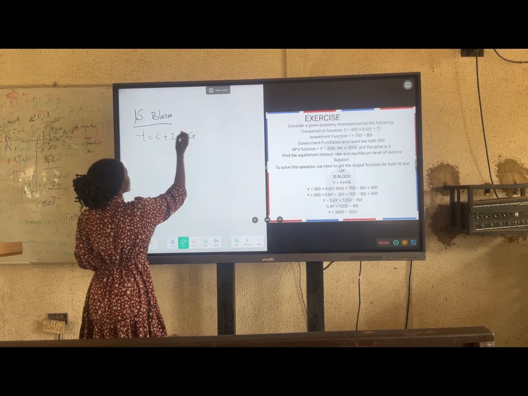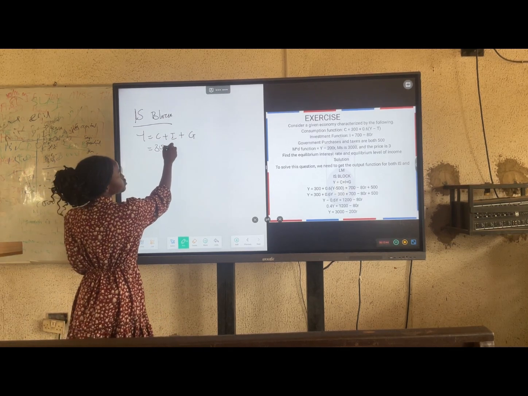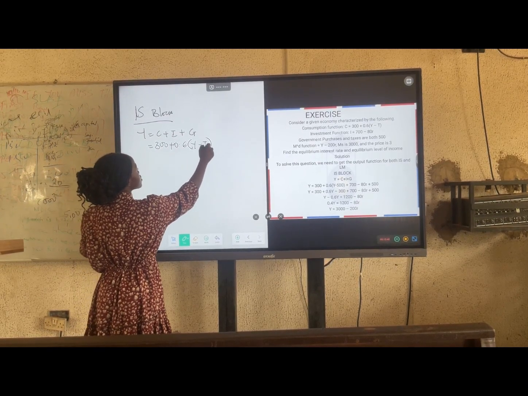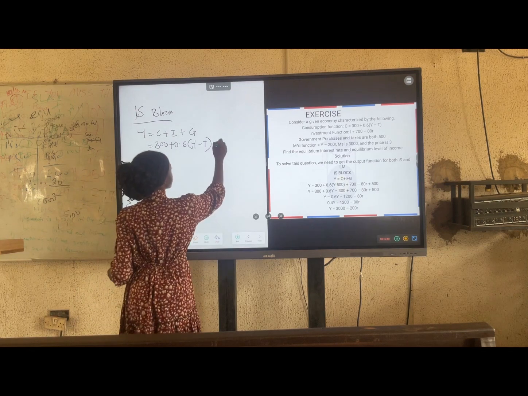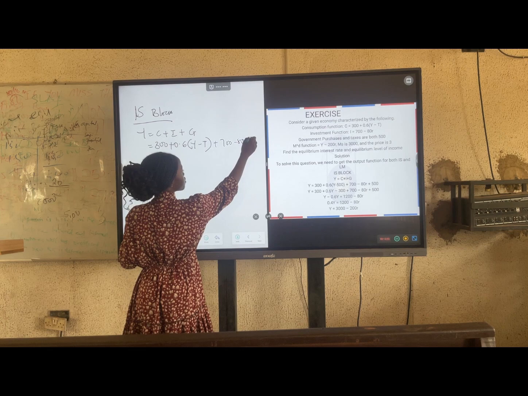So we're going to be inputting our consumption function, our investment, and government expenditure for us to get our output function for the IS block.